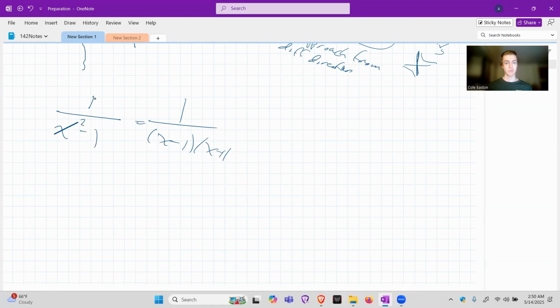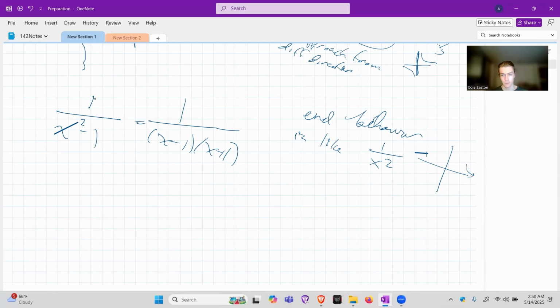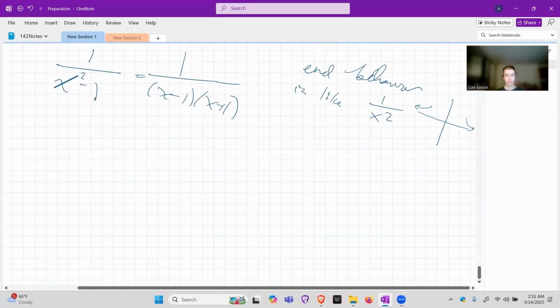I guess this is kind of a review of factoring difference of perfect squares. Okay, so end behavior is like 1 over x squared. So that is going to look like this. Okay, well, you get the idea. So that's the end behavior.